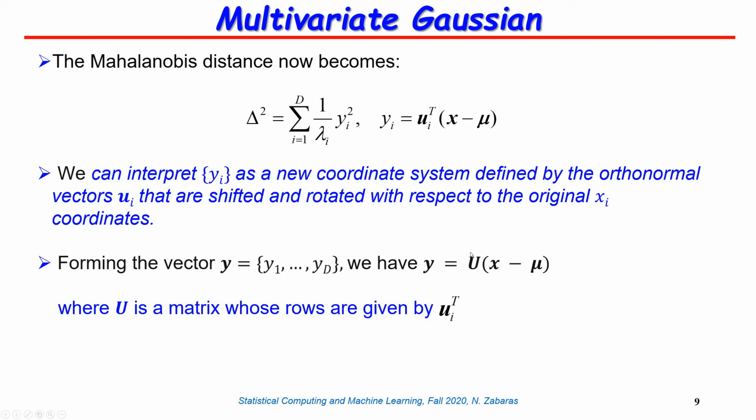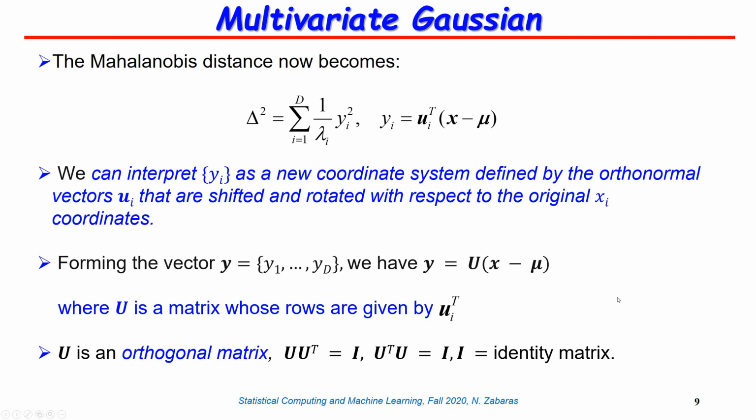So remember, in the way that I introduced U, each row in U is an eigenvector ui. All right, so U is an orthogonal matrix. As we mentioned, for the symmetric covariance matrix, the eigenvectors are orthogonal. So U transpose U is equal to the identity matrix. And this type of calculation is going to be handy as we move forward.